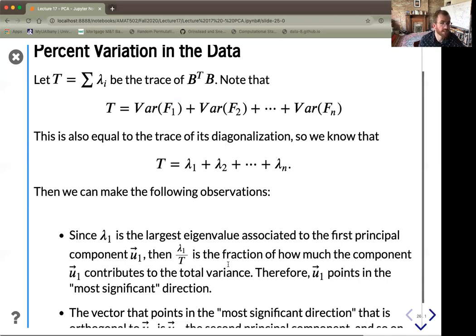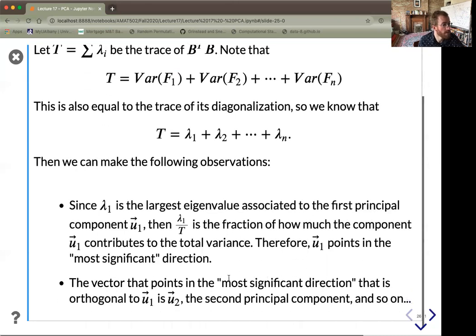We'll understand exactly why in a second. Therefore, u1 points in the most significant direction, because that's the eigenvector corresponding to lambda 1. We take that eigenvector as our basis for describing our data, and then smaller eigenvalues explain still some, but less, of the variation in our data. Here variation in data is meant precisely in the terms of probability theory.